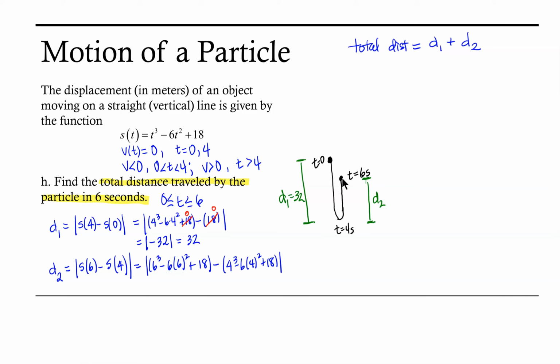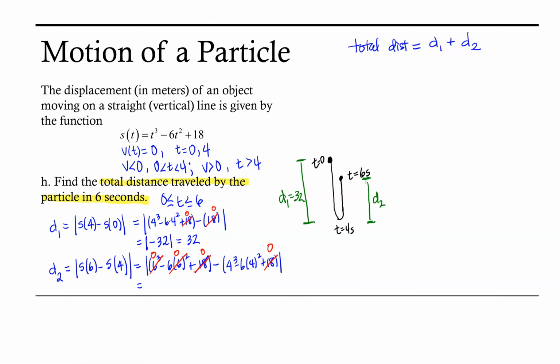Now looking at D2, we have 6 cubed minus 6 times 6 squared. Well, 6 times 6 squared is the same as 6 cubed, so those sum to 0. And so then we have 18 minus 4 cubed minus 6 times 4 squared. Well, the 18 minus 18 will sum to 0. And then we've got the opposite of what we found in D1.